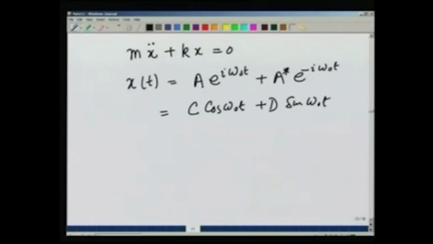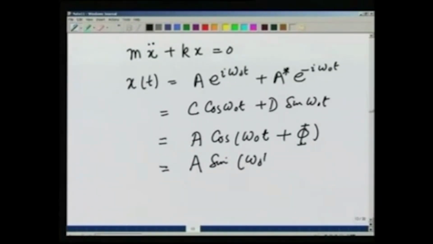And a third way, again, you can write this as some amplitude times cosine of omega 0 t plus a phase constant called phi, or also if you like sine functions, I can write this as sine omega 0 t plus a phase constant called phi.